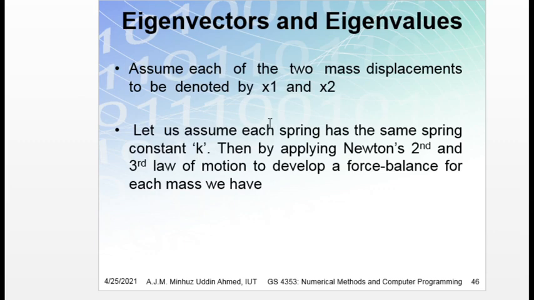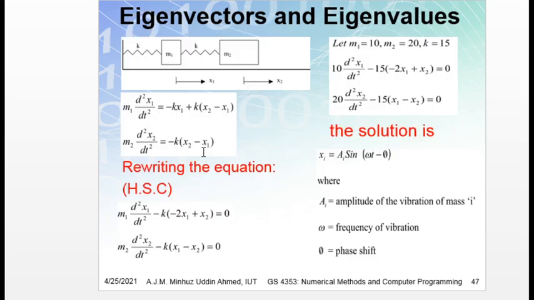So now if we apply Newton's second law and third law of motion to develop the force balance for each mass, we'll get what I'm just showing you in the slide. I hope you will understand this. The first one, the acceleration of m1: as it is displaced by x1, the double derivative of x1 with respect to time will be the acceleration.